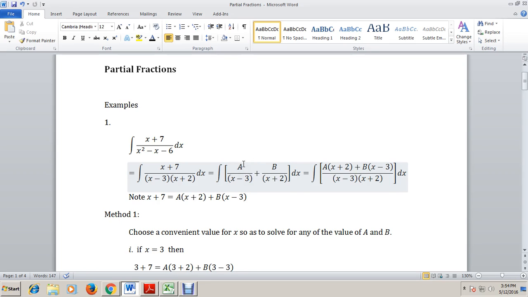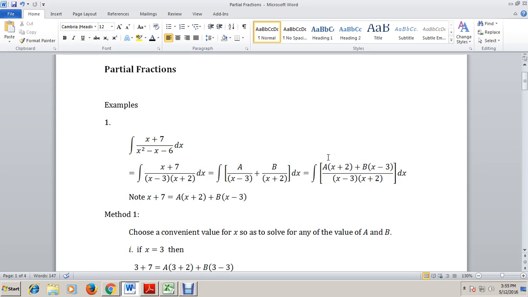Normally we just assign any letter, so we have A and B and so on. Now, of course, if you add the two fractions here, we would end up with a sum of fractions in which we obtain the original denominator of our given integrand.